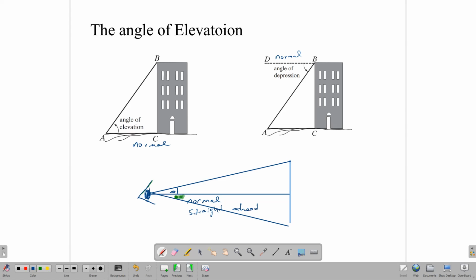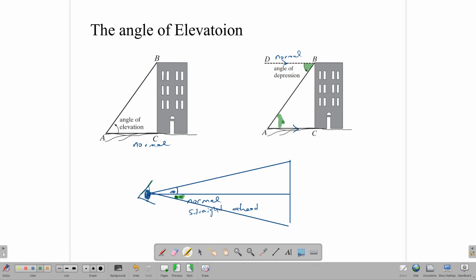Now notice here that we have a line that is also parallel to the other line here at the base. So this line is parallel to this line, and because of that we actually find that this creates a pair of alternate angles, so one there and one here.